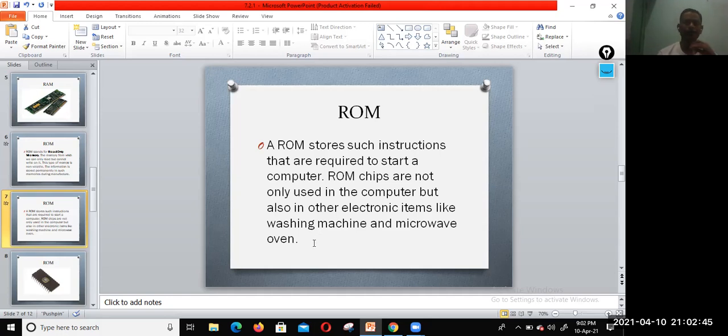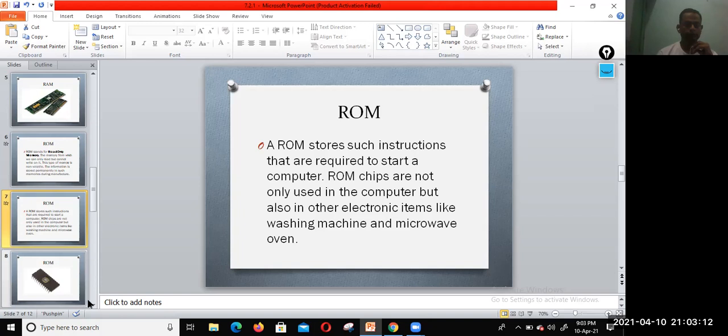It is written at the time of manufacturing, that is why it is read only, and we cannot write. ROM can only be read by the CPU, but it cannot be changed.